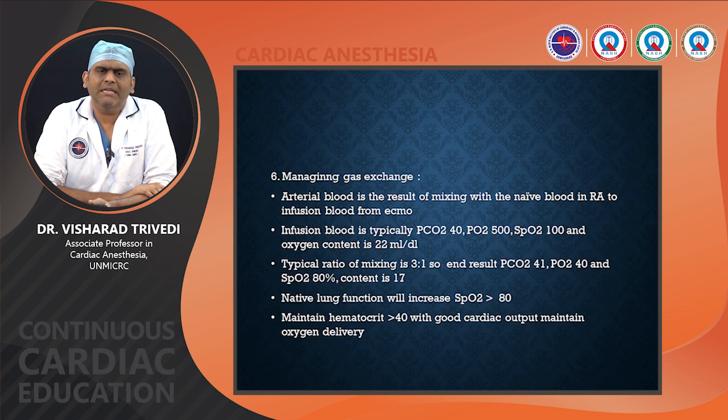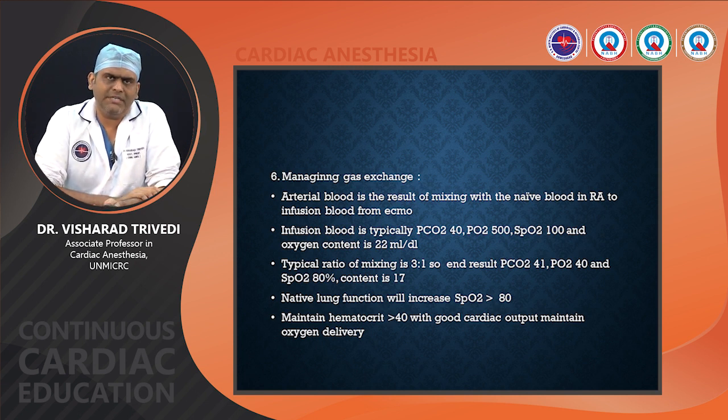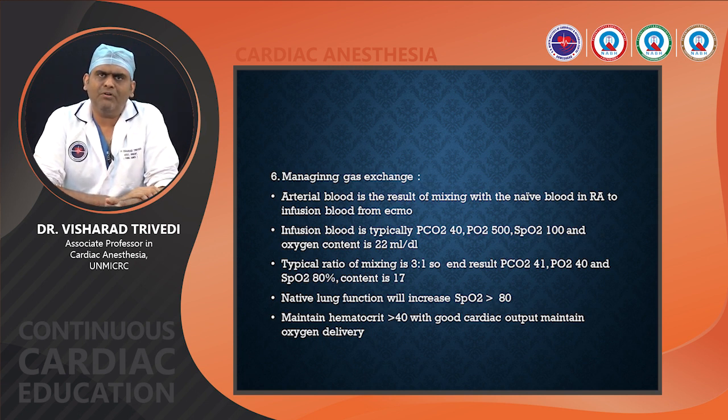Now, as we have seen earlier, the returning blood coming from the ECMO is fully oxygenated with 100% oxygenation, and it carries a PO2 of around 500 with a saturation of 100. So the oxygen content of that blood is around 22 ml per deciliter, while the normal venous return coming to the RA has a PO2 of 40 and saturation of 80%.